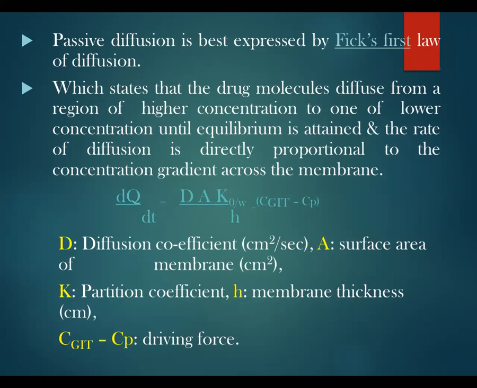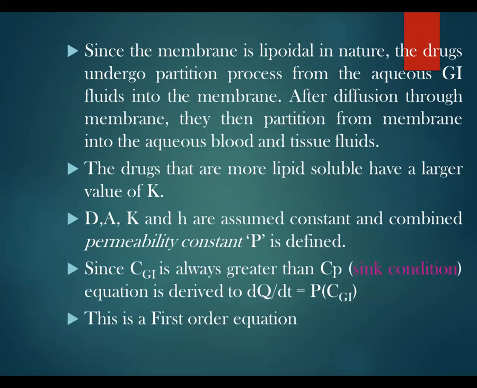Same with the surface area, let us imagine it is constant. D is constant, it's a property of the drug. A is also constant, that is the area where it is undergoing the diffusion process, that is your GI membrane area. Let us imagine nothing has happened, everything is normal, and the area is also constant. And K is constant, we know that now. And h, the thickness of your GI membrane, is also constant, let us imagine.